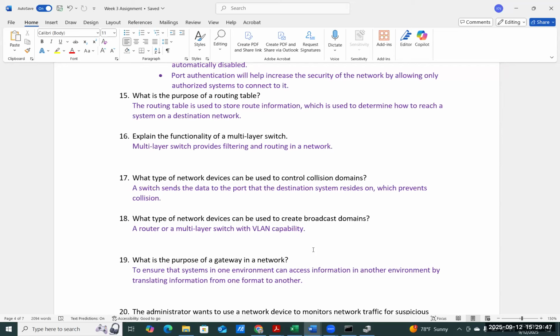And the network devices that are used to create broadcast domains are going to be your router or a multi-layer switch. As long as it has the VLAN capability, it's able to do that. The broadcast domains have to reach external domains, so that means it also has to route. So you have to have a higher layer switch to be able to.